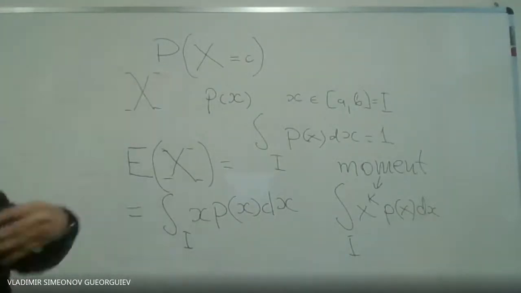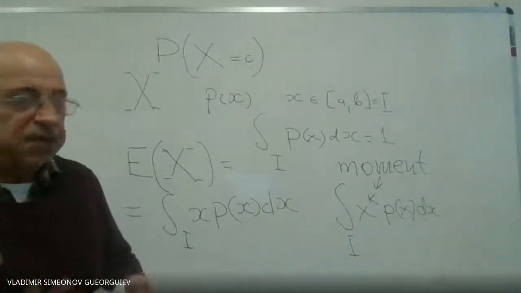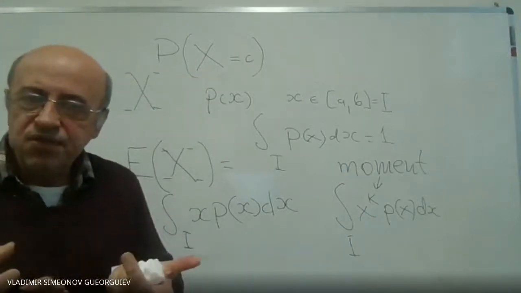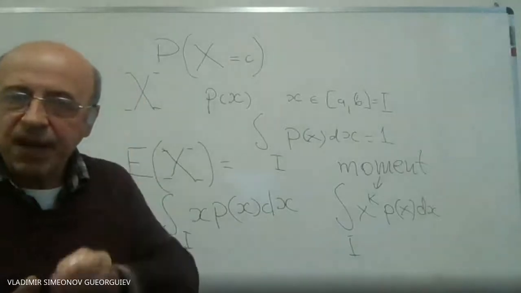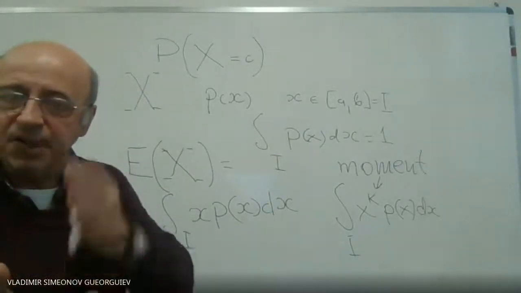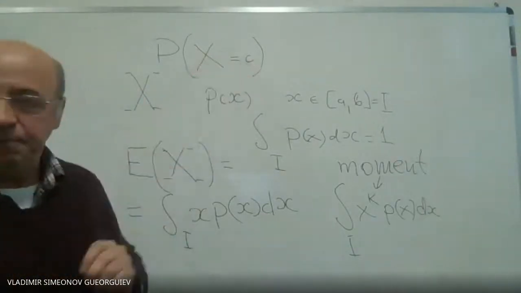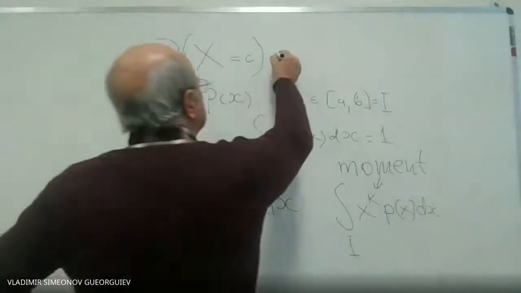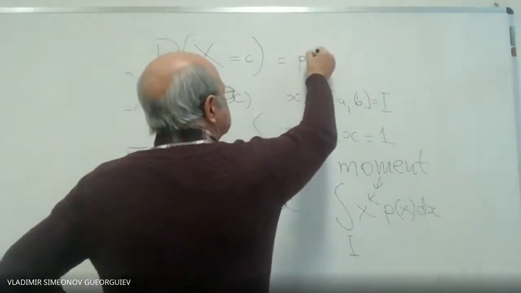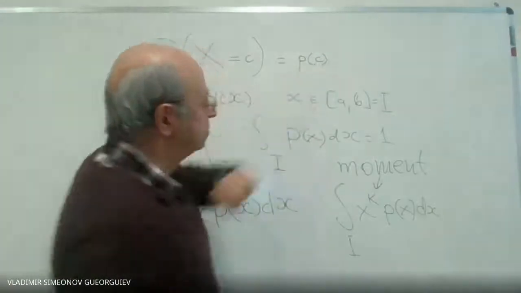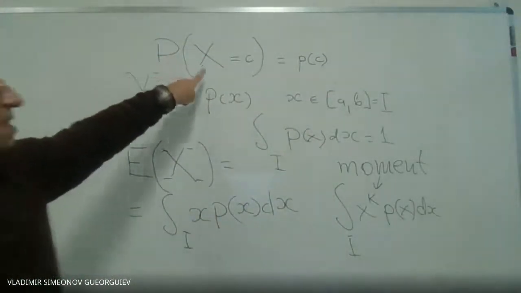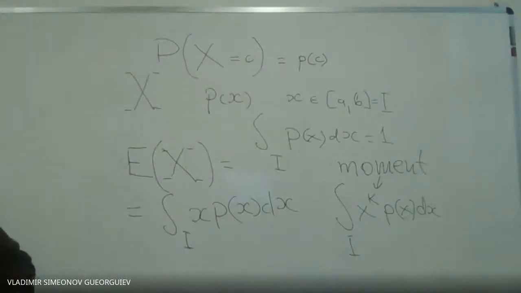This is a kind of interpretation. We have our random variable, and we are asking what is the probability that our random variable has exactly value C. In this case, this is exactly our small p of C. Therefore, the probability density measures the probability that the random variable is C.